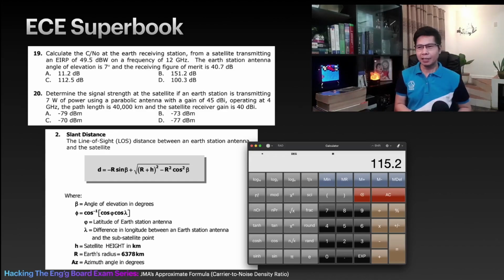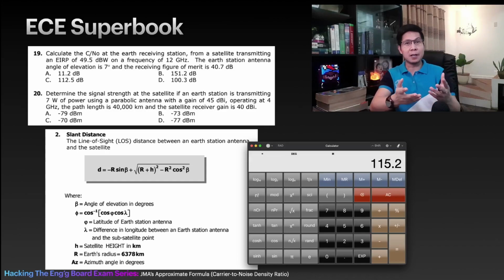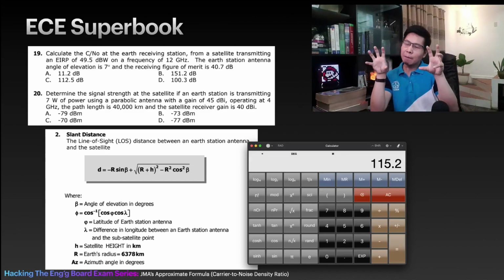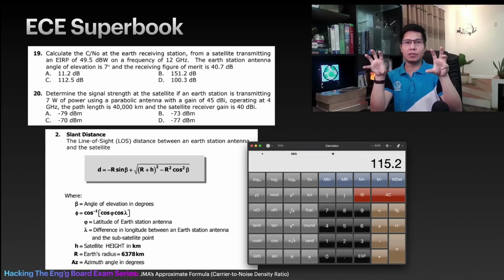Yung iniwan kong question doon sa Facebook page ng Keymaker, kung nakita niyo yung question na yon. So you have two fiber. Yung dalawang fiber, ang cladding niya is 125 microns. Standard naman yun, yun yung typical cladding diameter. And then, yung sa isang fiber, ang core niya has a diameter of 8 microns.